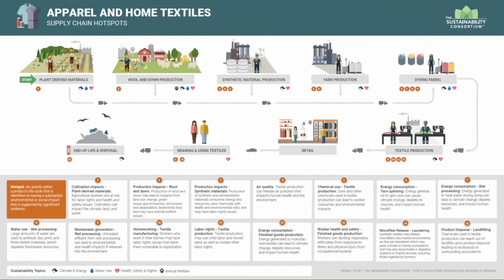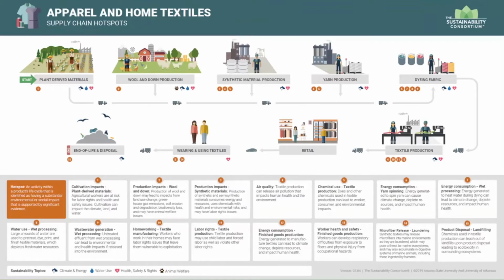And sometimes the same hotspots can occur at multiple stages, like the release of air pollution at synthetic material production, yarn production, and textile production. If you're following along the numbers, you can see that that's number 4, air quality, and you can see how that's mapped to each supply chain stage.